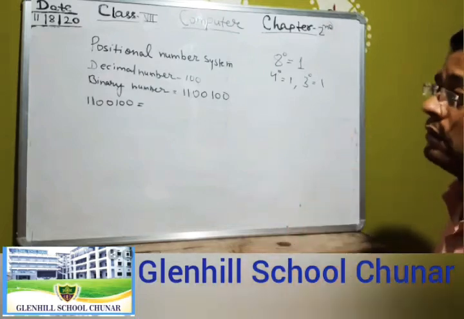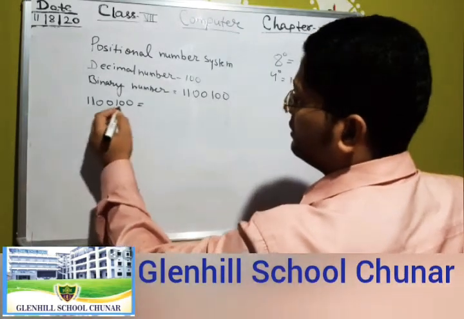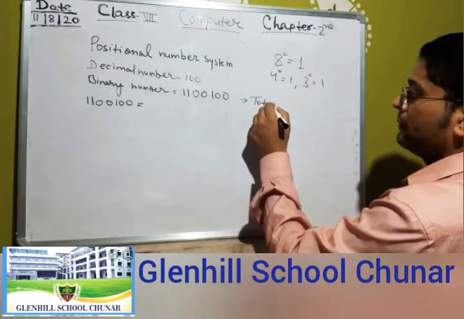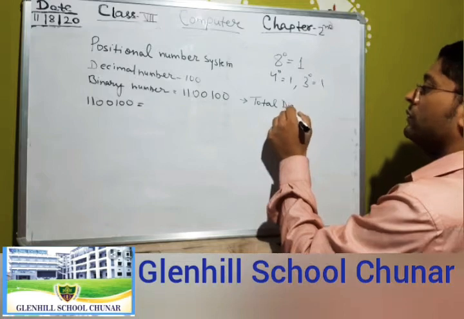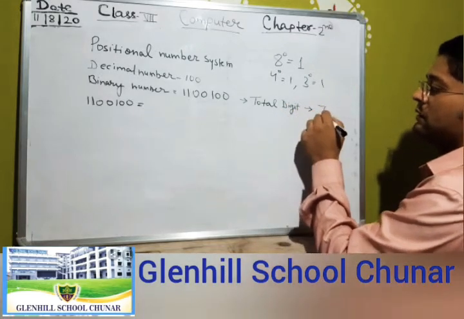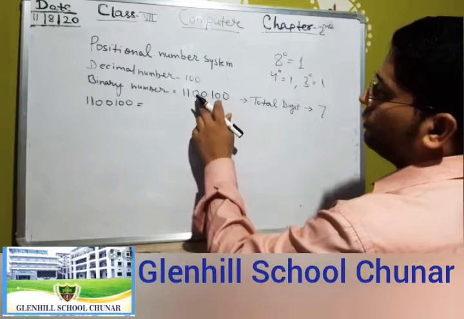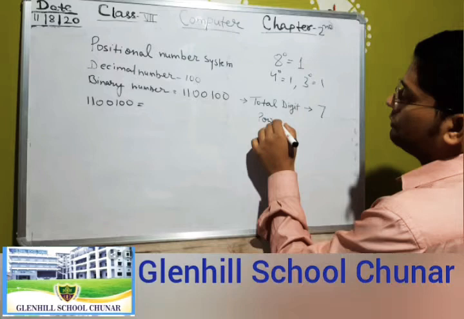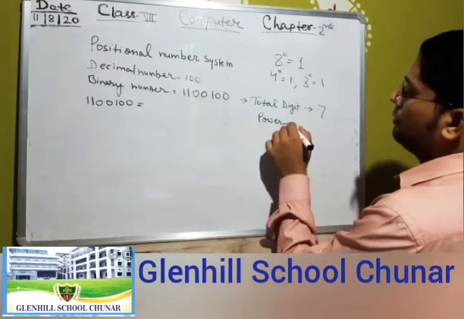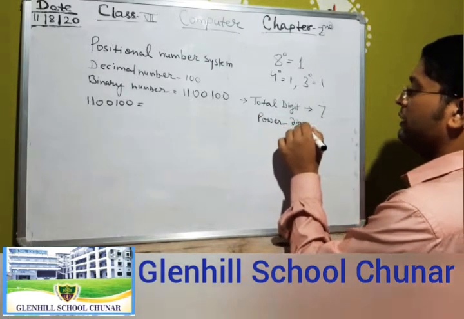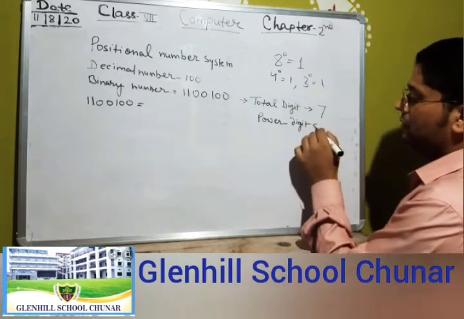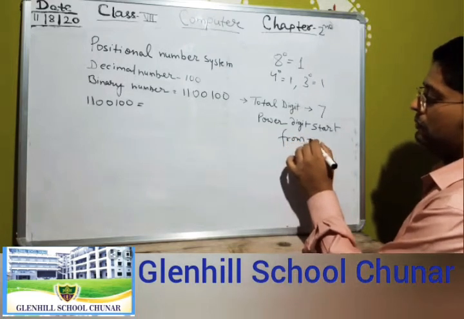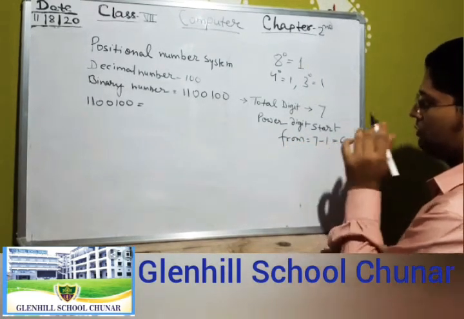So the total is 7 digits. For the power, you will make the power digits start from 7 minus 1, which is 6.